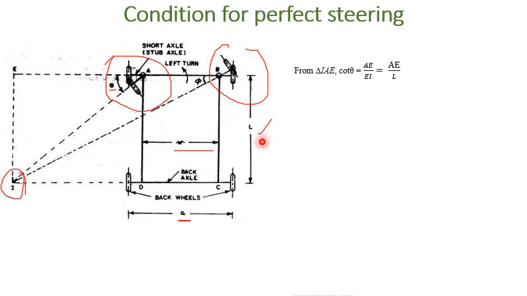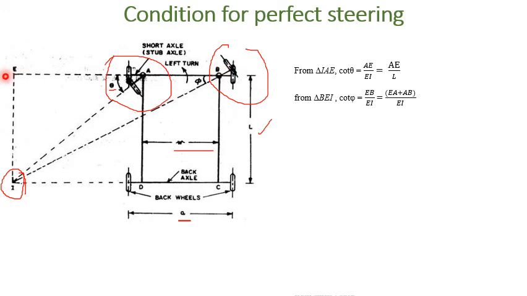EI can be written as L because we know the distance L. Therefore, cot theta can be written as AE by L. Similarly, from triangle BEI, if I apply cot phi, EB divided by EI.